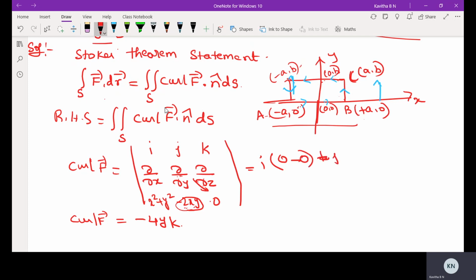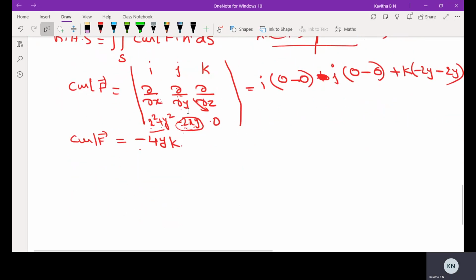Plus minus j, del by del x into 0 is 0, minus del by del z into x square plus y square, again 0. Plus k into del by del x into minus 2xy is minus 2y, minus del by del y into x square plus y square is 2y, so we are getting minus 4yk. The curl of the vector F is minus 4yk.